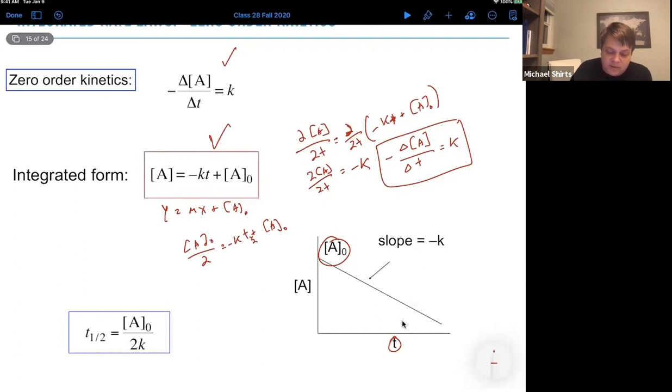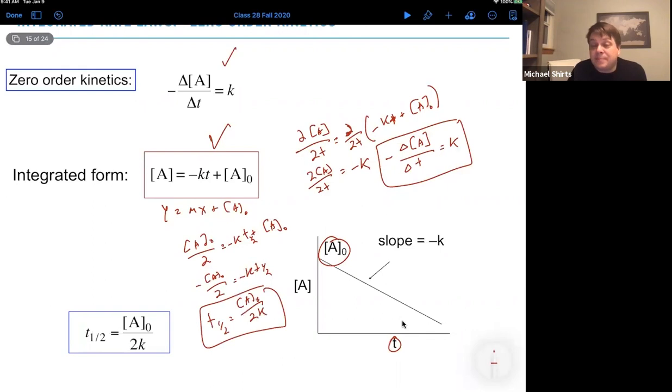Subtract A0 from both sides, minus A0 over 2 equals minus k t1/2. And so we're solving for the half-life t1/2, divide both sides by k. t1/2 is equal to A0 over 2k. That's what we got over there. So the half-life, again, is dependent on the initial concentration.